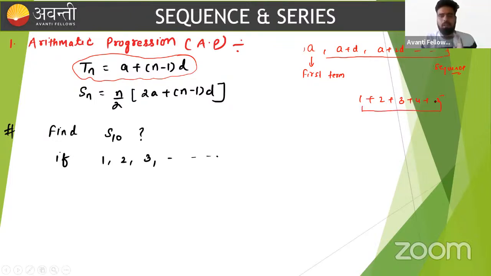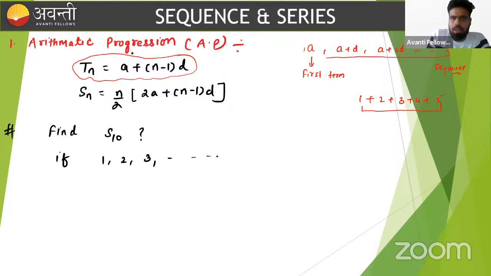So this is the basic difference between a sequence and a series. When the terms are separated by commas, it is a sequence, and when plus or minus operators are present, this type of pattern becomes a series. What is the sum of the first n terms?